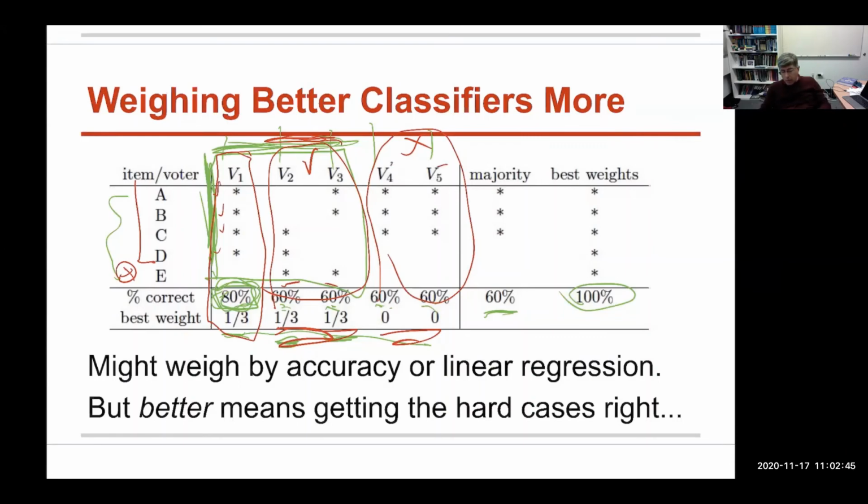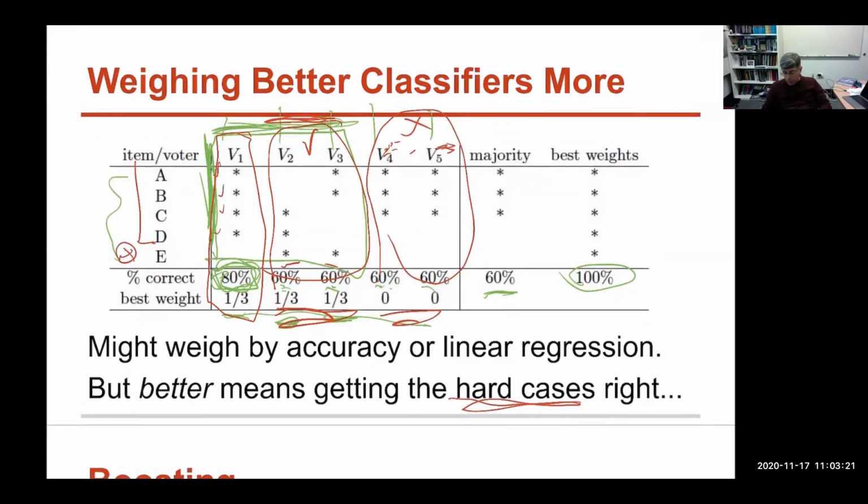Whereas V1 and V2 couldn't really get anything right that the first one didn't, okay? So we certainly could weigh our trees by accuracy. We certainly could do some kind of linear regression to maximize some kind of score. But whether a tree is better or not depends on getting the hard cases right, okay?